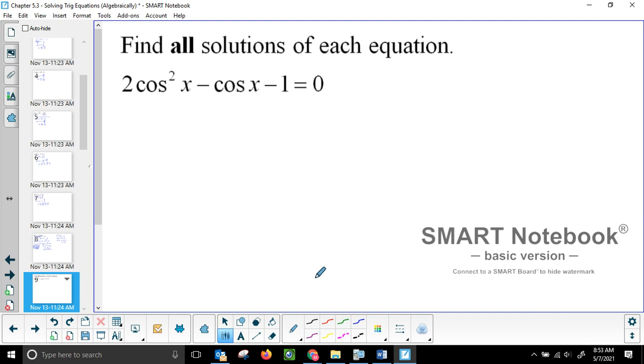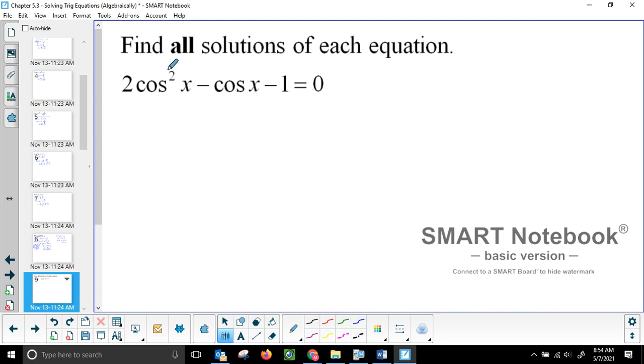There's going to be infinite solutions, because you can go around the circle as many times as you want. We've seen this notation when we were talking about the x-intercepts and vertical asymptotes of trig functions, that plus n pi type thing. That's going to come into play here as well.